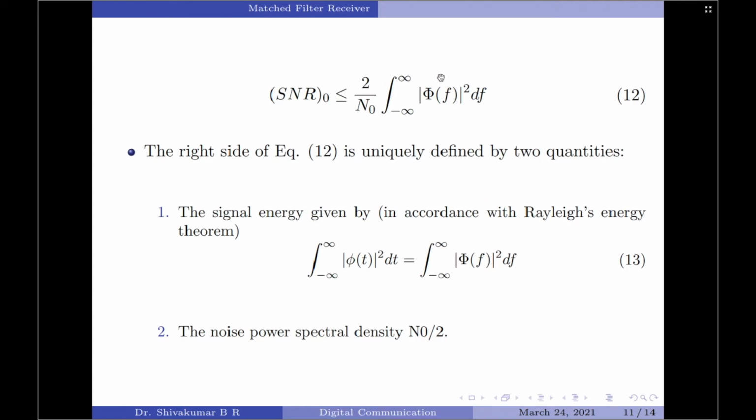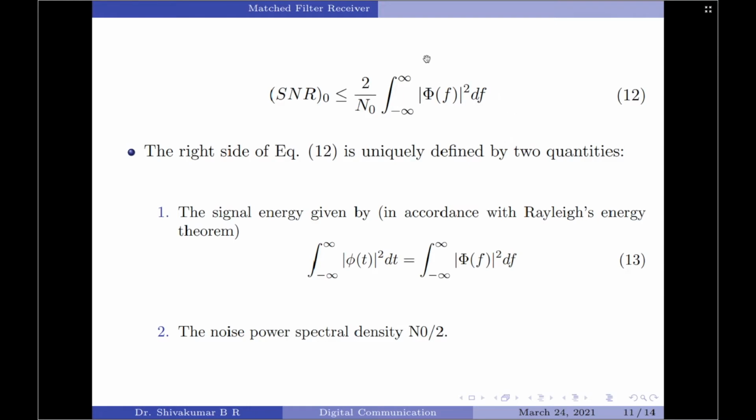So we can call this part, that is integral magnitude square of phi of f df, the energy of the signal phi of t. Secondly, we note that the SNR output is also defined in terms of the power spectral density of the input noise, which is equal to n0 by 2. So this is the interesting characteristic of the output SNR equation.